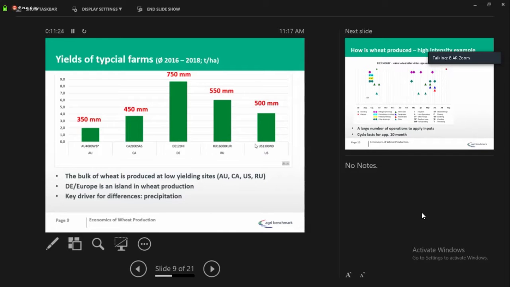Of course, temperature is another factor that influences the values, so keep in mind Australia can be damn hot during the winter growing season. So it's a mixture, but precipitation is the key driver of differences among those.